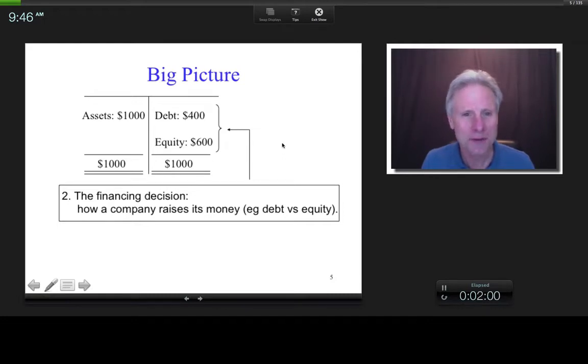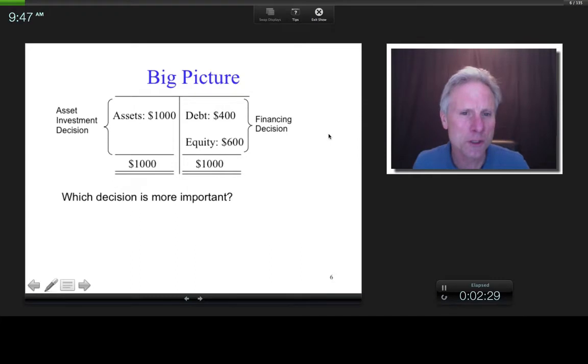Because that's a given. If you're going to spend money on something, i.e. the asset investment decision or your business plan, you have to raise money. So the financing decision is not whether I'll raise money, but rather, given that I'm going to raise money, what will the structure of that capital look like? For example, will I have no debt and all equity, or will I have 400 in debt and 600 in equity, and so on and so forth?